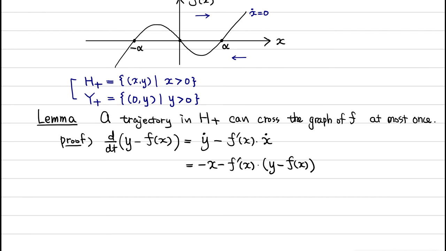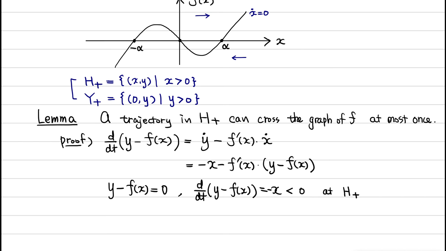And this means when it crosses, when y minus f of x is equal to 0, the derivative of that expression is always minus x. And minus x is negative in H plus.